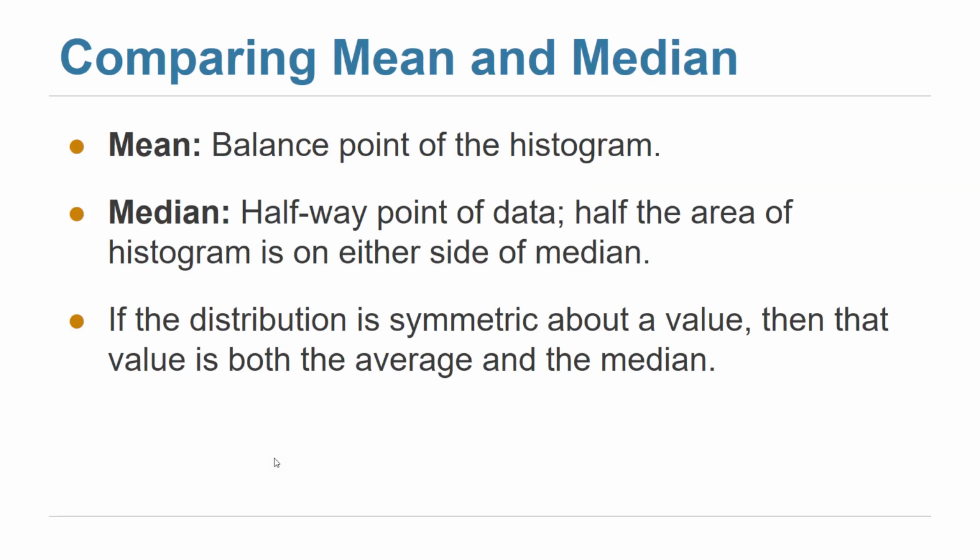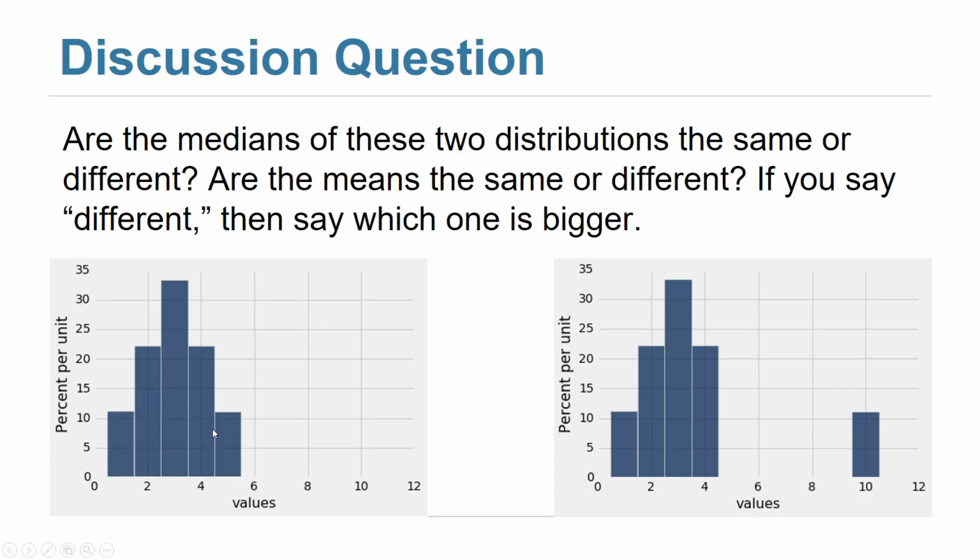Generally, if the distribution is symmetric about a value, then that value is both the average and the median, and that's why the mean and the median of this histogram are the same: the distribution is perfectly symmetric.